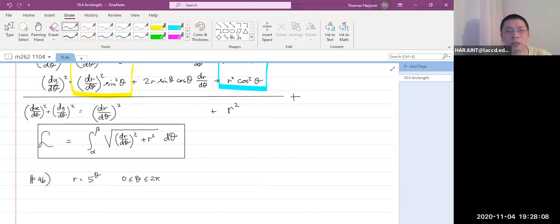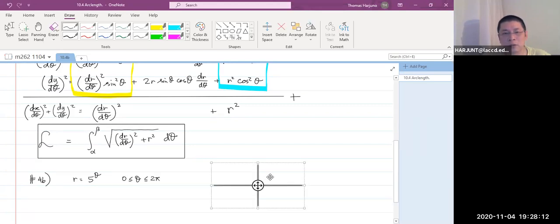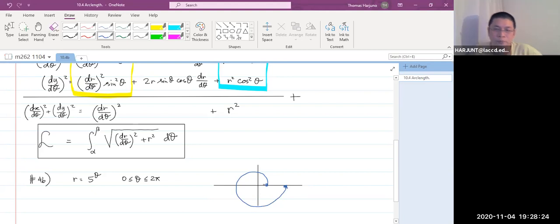So imagine if we have something that looks like this. When theta equals 0, r is 1. So it's actually spiraling. Okay. I don't sketch it to scale. But basically we need to find the length of that curve.